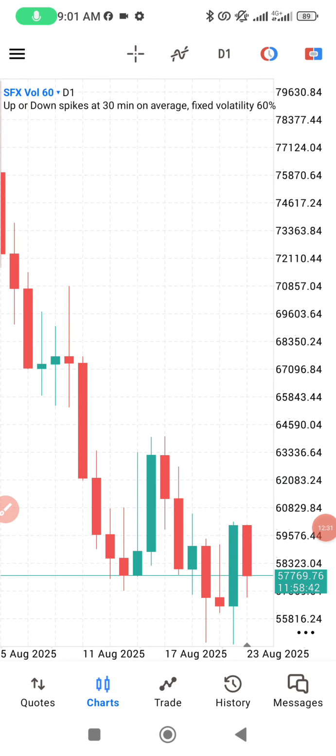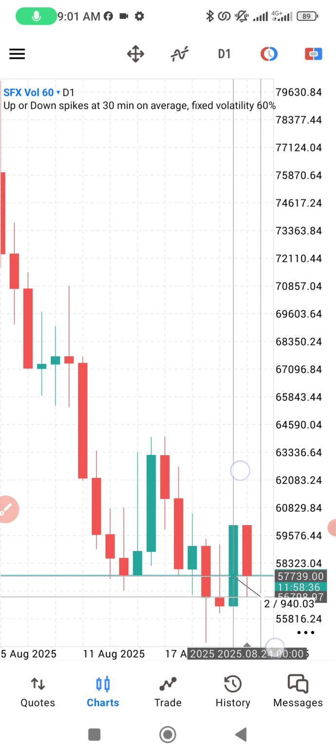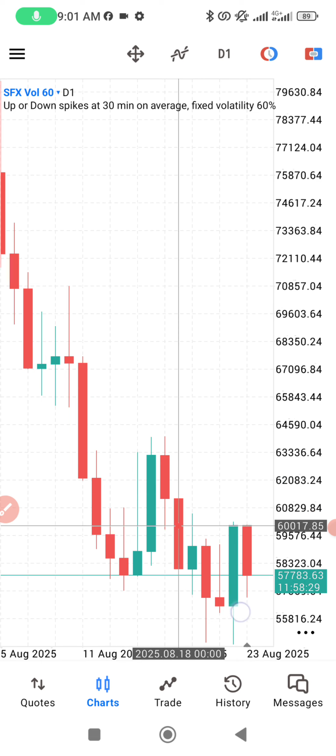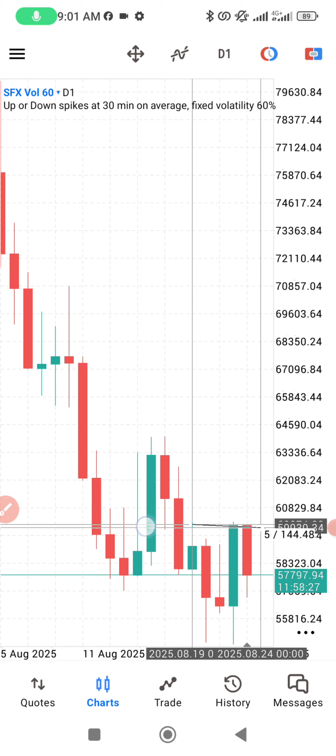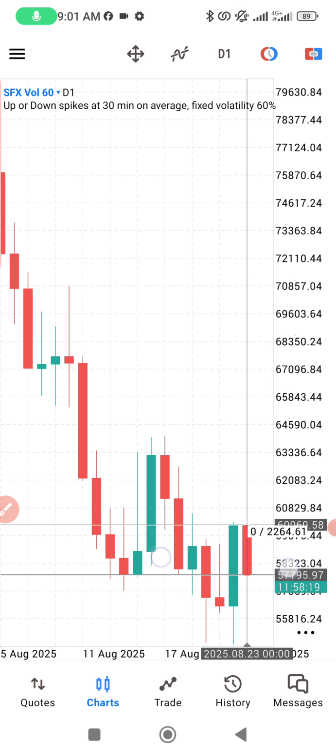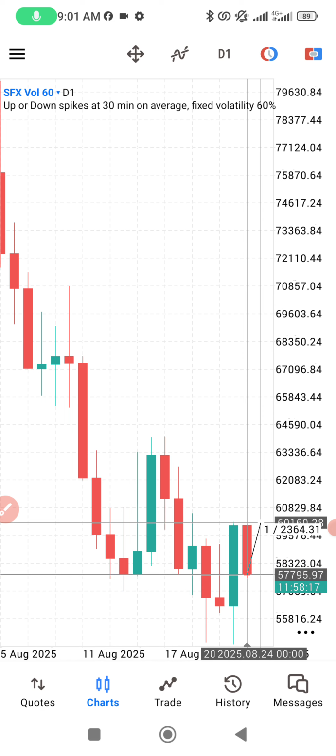Right now we measure this, measure from here. This is 940. So for the wick, we have to measure here. This is 0. It doesn't have a wick, so 0 plus 940 is 940. Now we measure from here to here. That's the body. We'll have approximately 2,400.